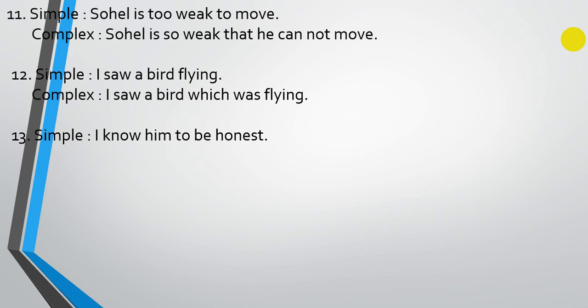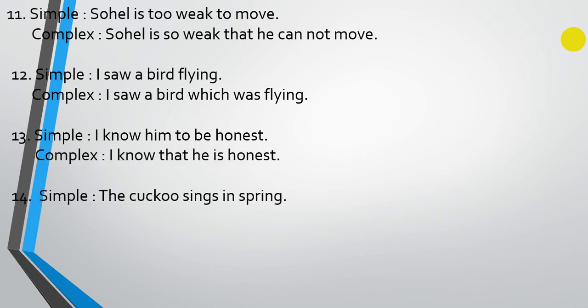According to the rule, at first subject plus verb will remain unchanged, then conjunction that will be used. After that, subject plus be verb plus adjective or noun will be used. Now the complex sentence will be, I know that he is honest.